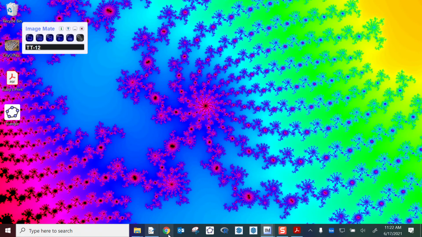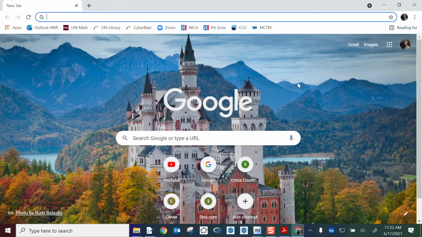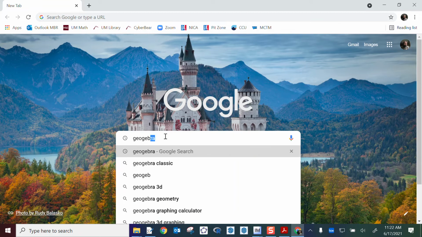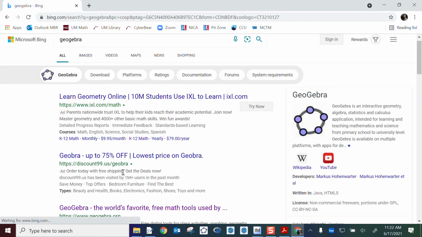So the first thing I want you to know is that the technology that we'll use in the course is going to be GeoGebra, and I'll bring a browser down here. If you just type GeoGebra into a search engine, it'll take you to this one.